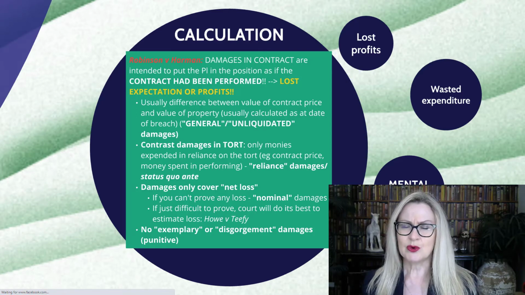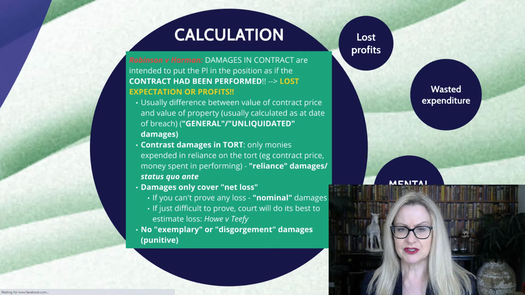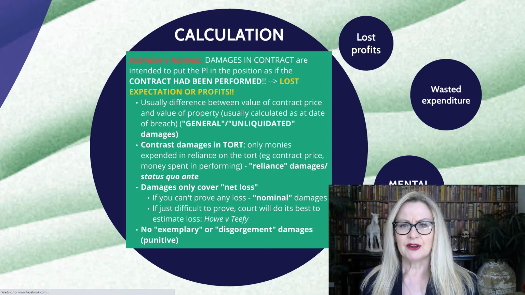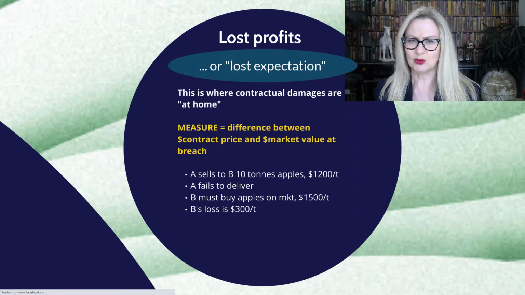The court doesn't award extra sums to wave their waggly finger at a naughty defendant. They'll just give the plaintiff the money that it will take to compensate for their loss. So, looking at the nature of expectation damages, unliquidated expectation damages, how does that all work?